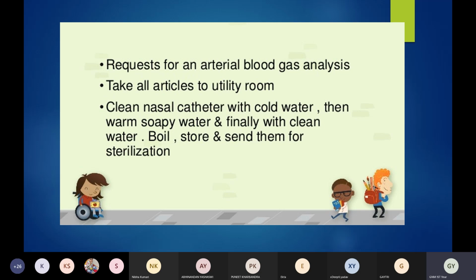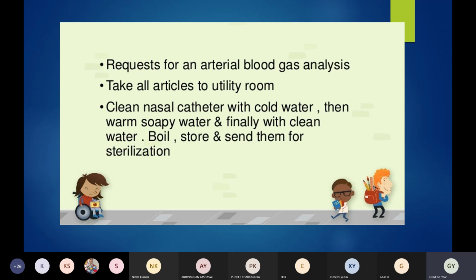Nowadays we do not do this anymore, we just use and throw. If the patient does not need any more oxygen, we discontinue the oxygen supply, then the mask and tubes we will discard in the dustbin.